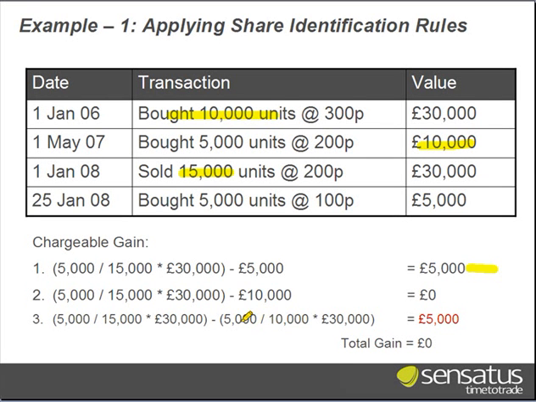So we have 5,000 units matched, divided by a total of 10,000 units that were bought on the 1st of January 06. So £15,000 of cost is apportioned. That results in a loss of £5,000. So the total gain in this situation was 0.